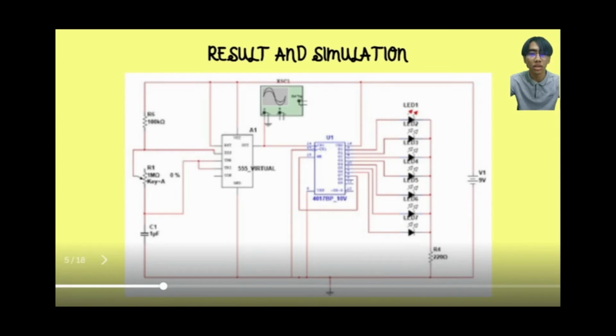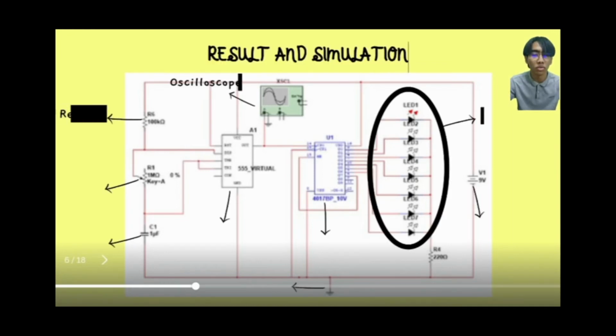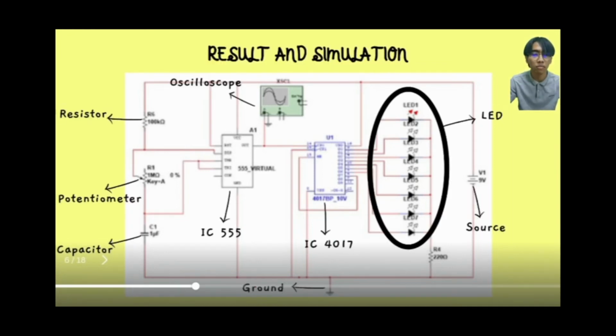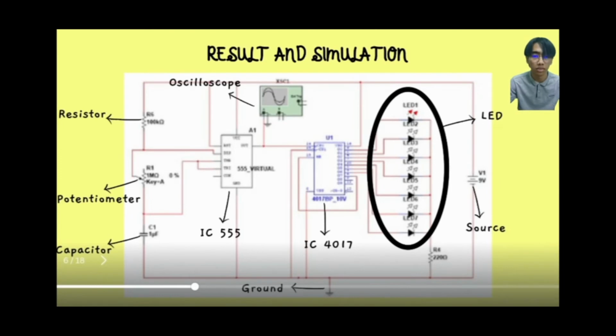This is our circuit that we built in Multisim to simulate. To build this circuit, we need an oscilloscope, resistor, potentiometer, capacitor, ground, IC555, IC4017, source and the LED. After that, we run the system in Multisim.